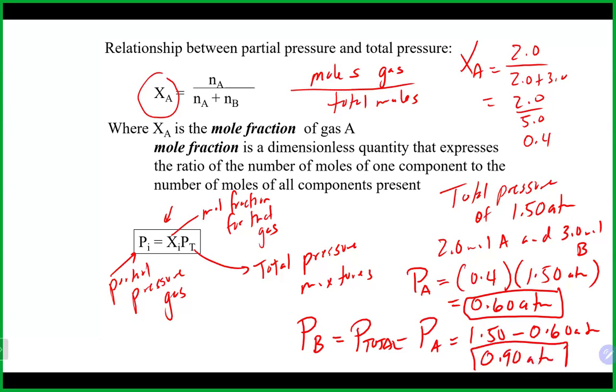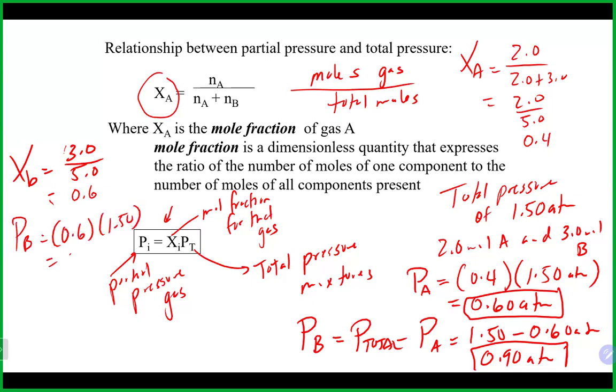Or you could find the mole fraction of your other gas, which would be 3 divided by 5, or 0.6. Then we take 0.6 times 1.5, and that gives us 0.9 atmospheres.